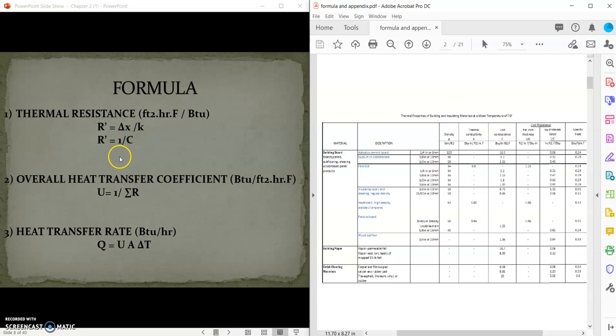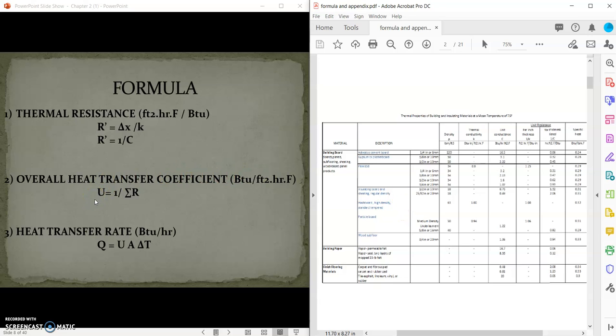If the question doesn't give you the thickness or the thermal conductivity, you can choose the second formula, R equals 1 over C, where C refers to the unit conductance. So this is the thermal conductivity here, and here is the unit conductance that we are going to use.